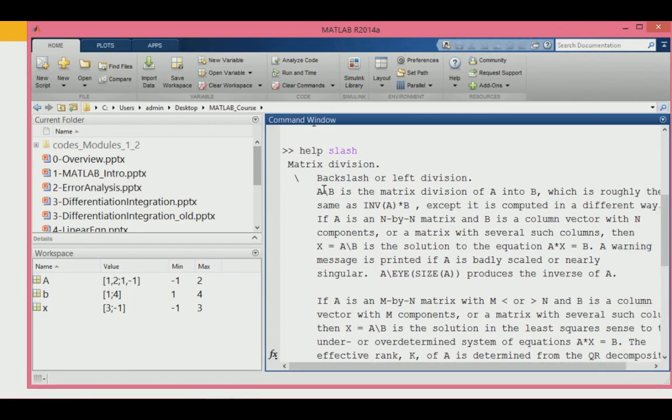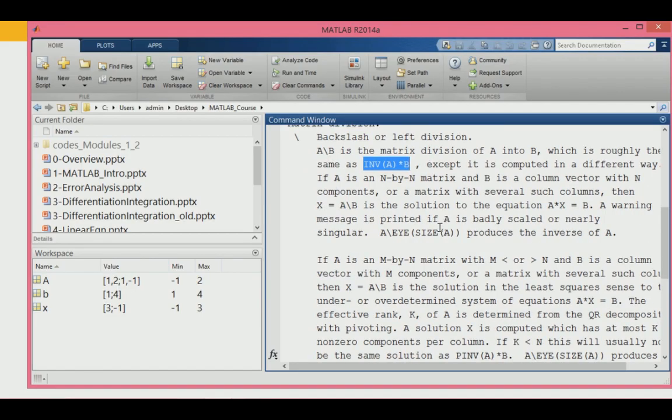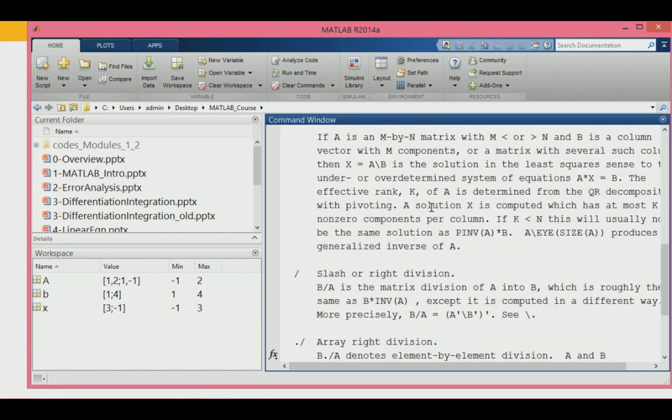So, A backslash b is left division, which is the same as inverse of A multiplied by b if A is an n by n matrix with rank equal to n. It is something different if the rank of A is not equal to n, we will not go into that right now. And then we have an equivalent called right division, which is b multiplied by inverse of A.